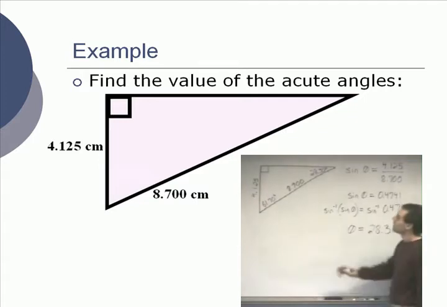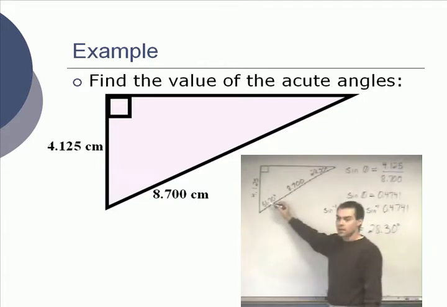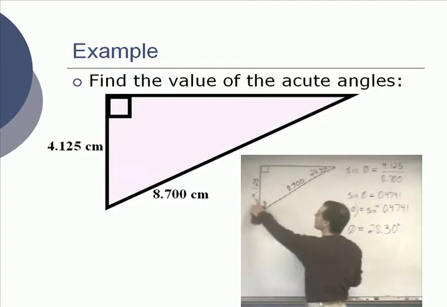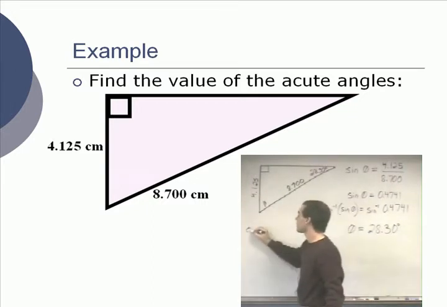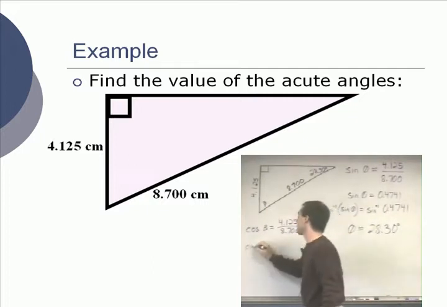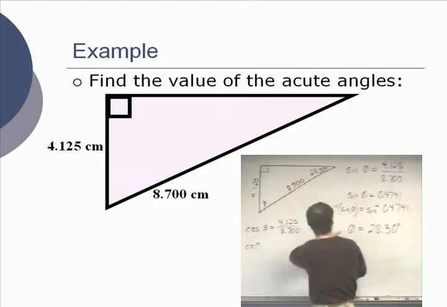However, if we just wanted to find out this angle using trigonometry, what two sides do we know relative to this angle? Let's go back and call that beta. Yeah, we know adjacent and hypotenuse, so we can say that's the cosine function. Cosine of beta is equal to 4.125 over 8.700, which means the cosine of beta, whoops, we already figured out what that is.